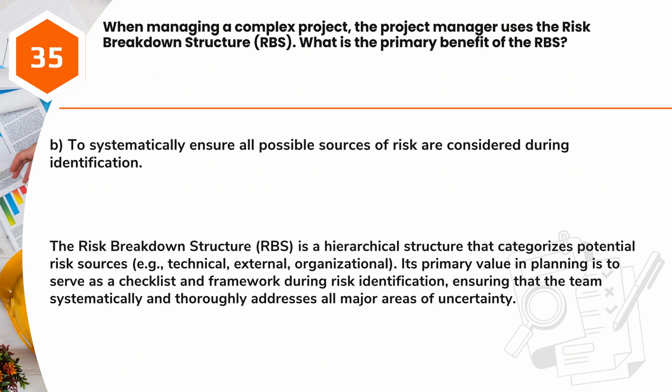Answer B. To systematically ensure all possible sources of risk are considered during identification. The risk breakdown structure, RBS, is a hierarchical structure that categorizes potential risk sources, e.g., technical, external, organizational. Its primary value in planning is to serve as a checklist and framework during risk identification, ensuring that the team systematically and thoroughly addresses all major areas of uncertainty.